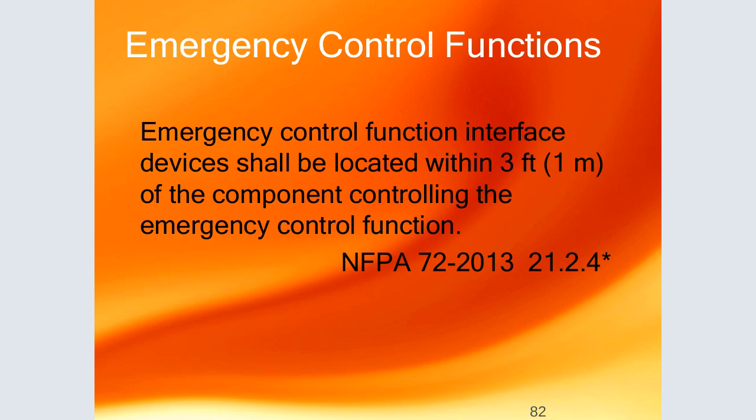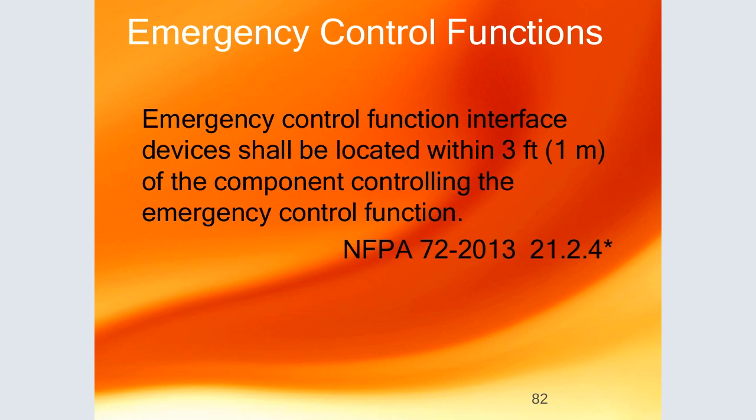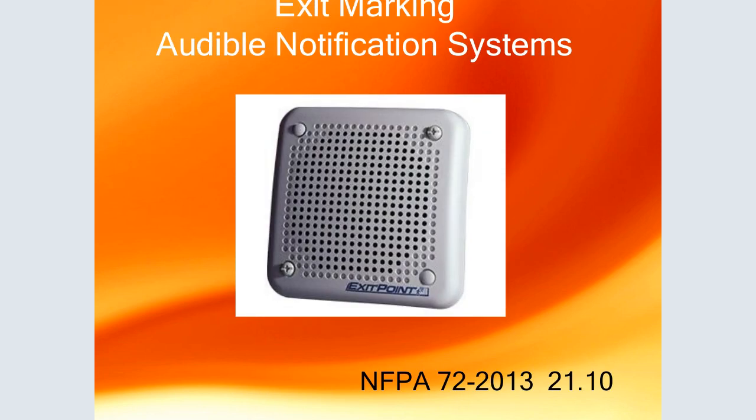so that people can be evacuated in case of emergency. And then the emergency control function interface, we say that the device shall be located within 3 feet of the component controlling the emergency control function. So you can see the audible notification system there. The audible notification system is the one that is able to notify people where they can exit.